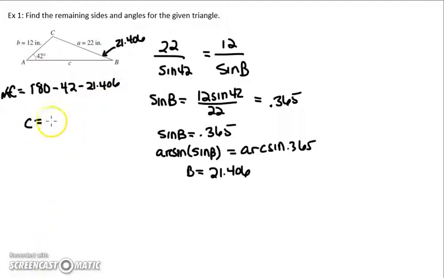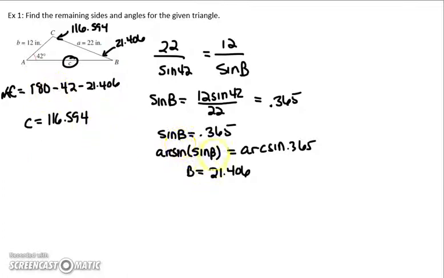So we know that C is approximately equal to 116.594. So we have another angle now, and all we have left to solve for is side c.